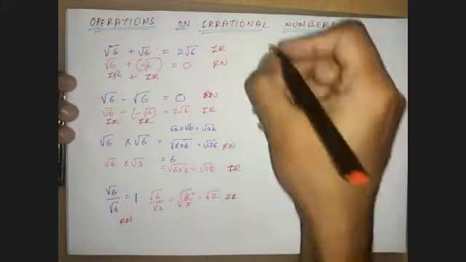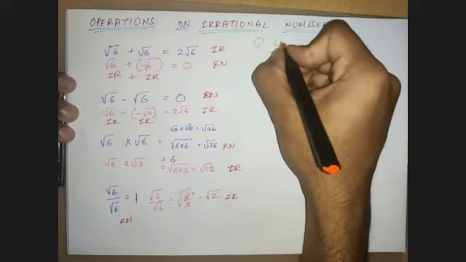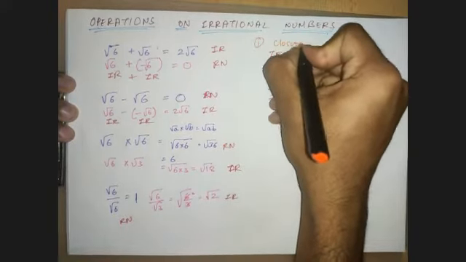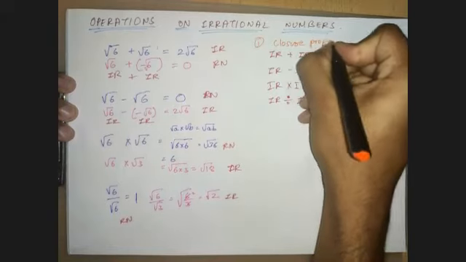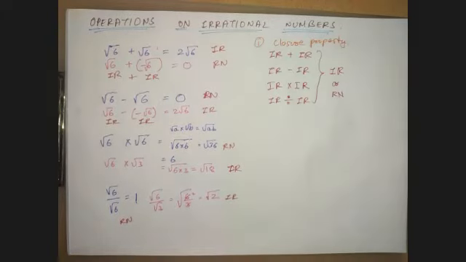So what is this? This is my first property, that is closure property. Closure property of irrational numbers. All other properties remain same as the rational number.